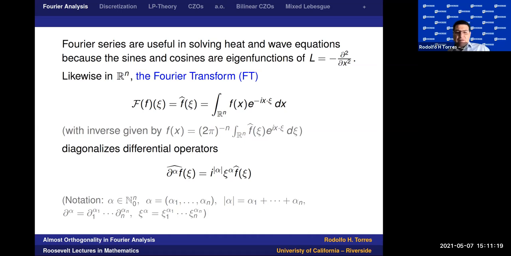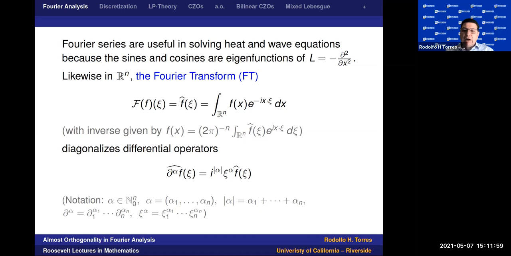The notation here, since we work in Rn, is that alpha is typically a multi-index, and for a multi-index, the size of alpha means the sum of the entries of this non-negative integer vector. And of course, D alpha, we can have derivatives in n different variables. So D alpha will denote alpha 1 derivatives in the first variable up to alpha n derivatives in the other variable. And the same with xi here, which is a vector in Rn, xi to the alpha is this expression here, where xi 1 up to xi n now are one-dimensional variables, right?